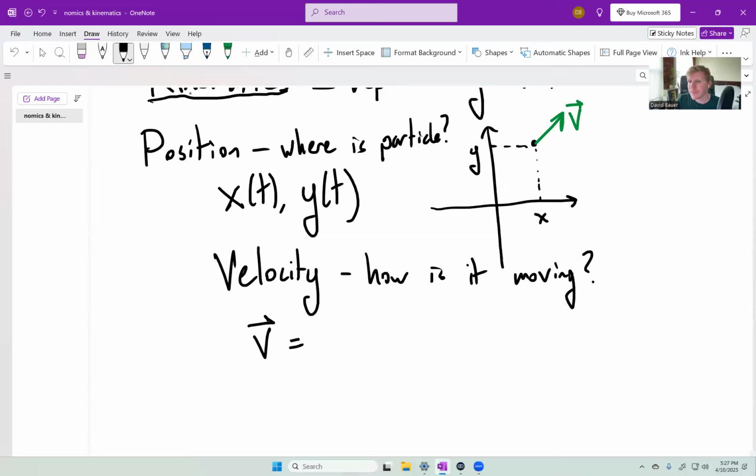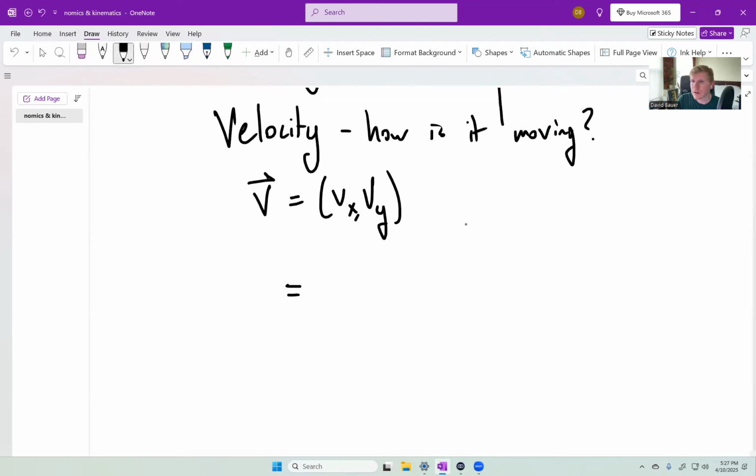It's got components v sub x and v sub y. That's why I drew it in this picture as an arrow. And these components are the derivatives of the position coordinates, dx/dt and dy/dt.